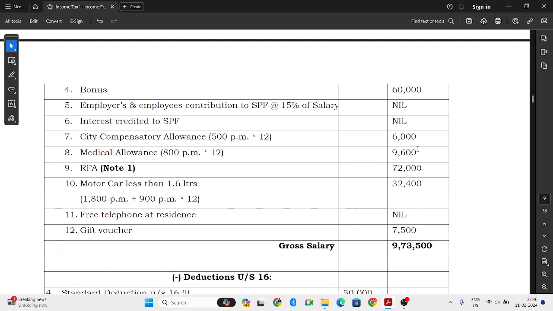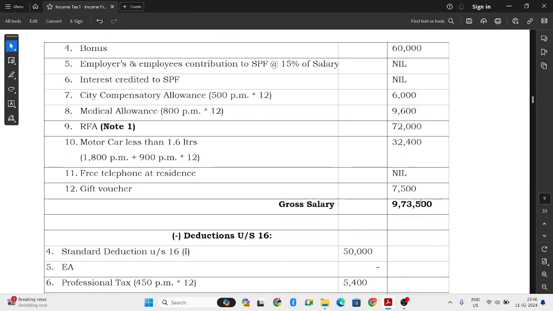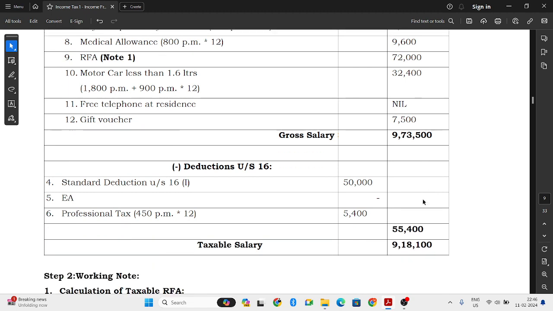If you add everything, you get the gross salary. The gross salary is 9,73,500. For that, you will have three kinds of deduction. He's a government employee, remember that. First is standard deduction, 50,000. Second is entertainment allowance. There is no entertainment allowance for him. Next, professional tax, he has paid 450 per month.